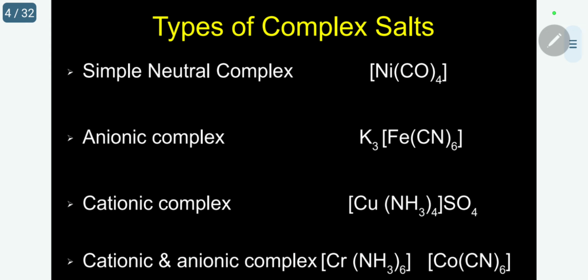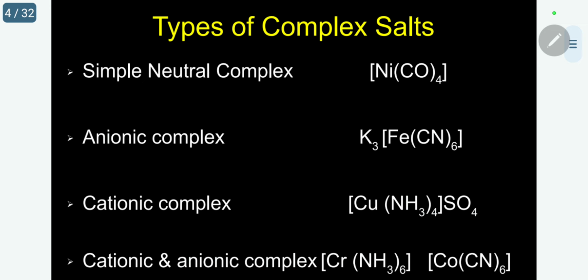Now the cationic complex, where the complex is the cation and the anion is a simple ion. Example, tetraamminecopper(II) sulfate. And the 4th type, cationic and anionic complex.